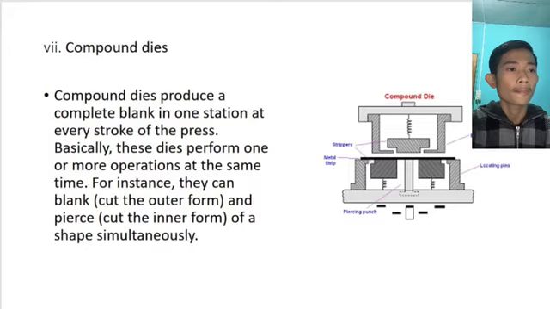Compound die. Compound dies produce a complete blank in one station at every stroke of the press. Basically, these dies perform one or more operations at the same time. For instance, they can blank, cut the outer form, and pierce, cut the inner form of a shape simultaneously.